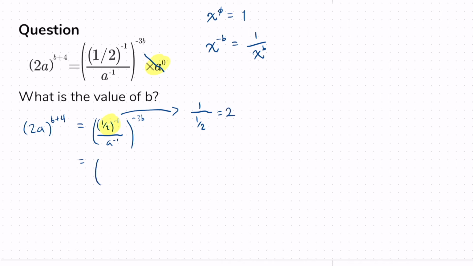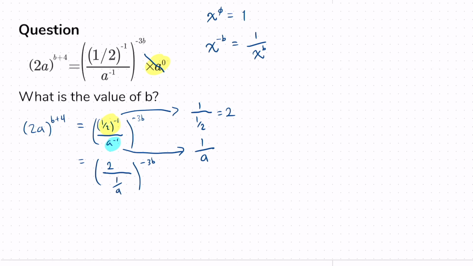So on the top here, we have 2 over, and again, let's have a look here, a to the -1. Let's do that here. 1 over a to the 1, which gives me this here. And I'm still to the -3b at the moment.